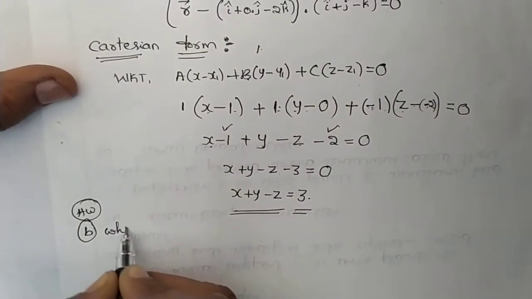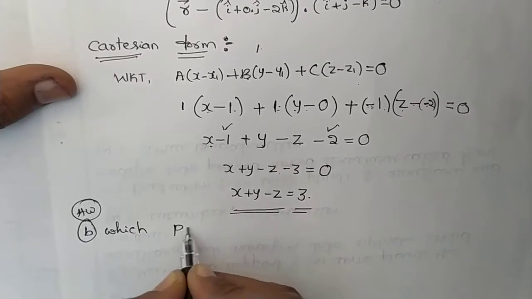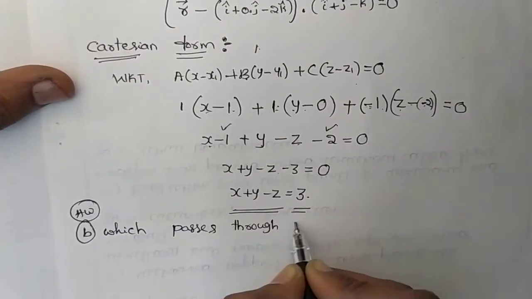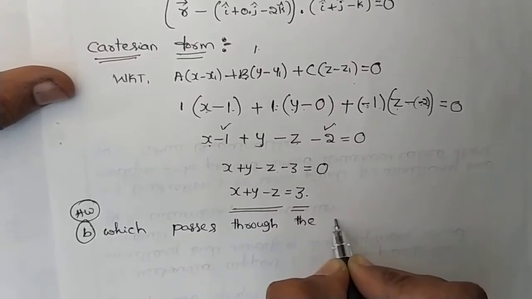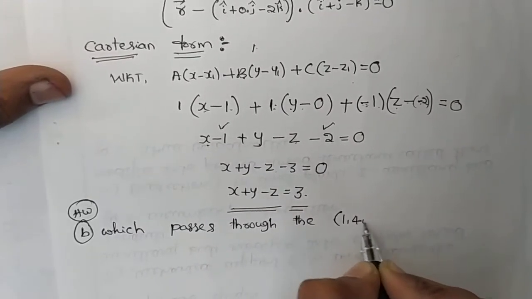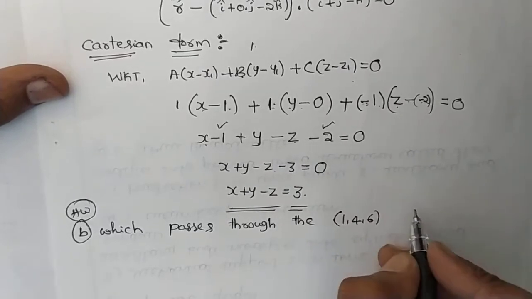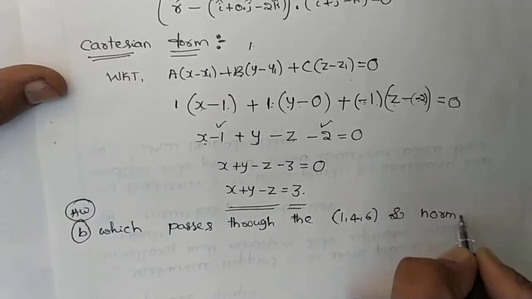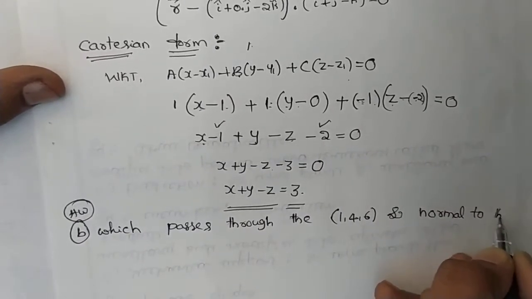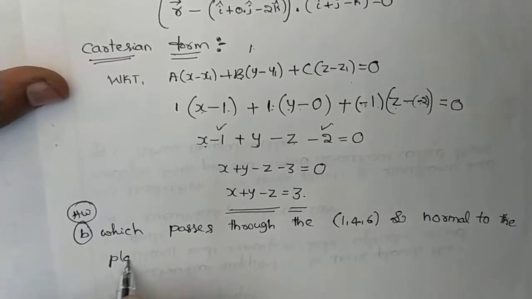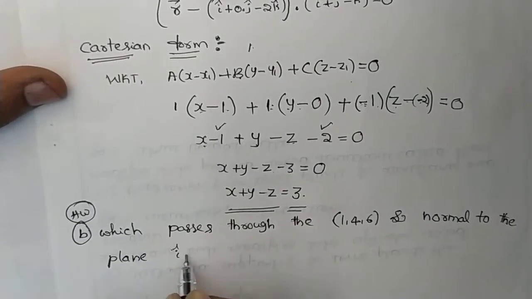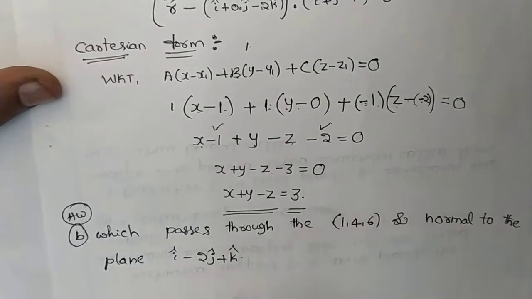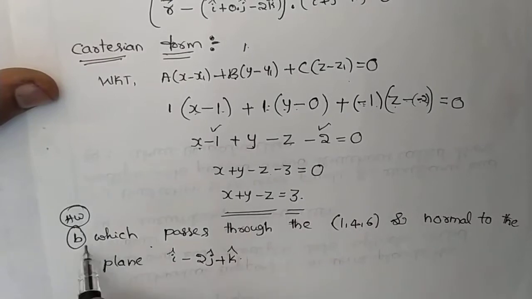Write down the question: which passes through the point 1 4 6 and normal to the plane I cap minus 2 j cap plus k cap. It is a question, homework for you.